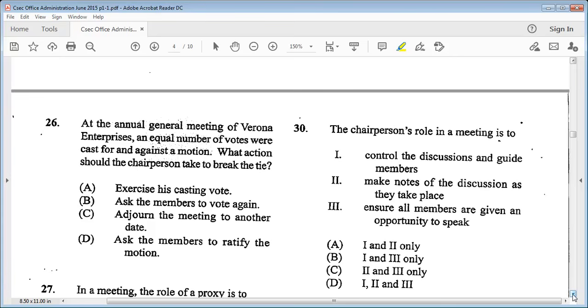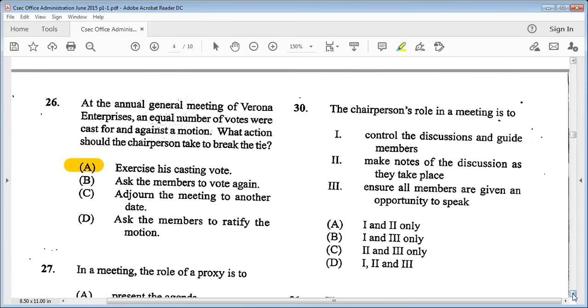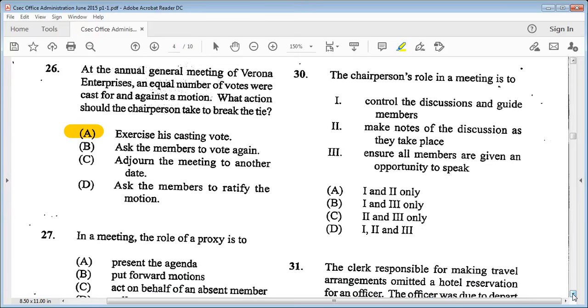C. Adjourn the meeting to another date. Or D. Ask the members to ratify the motion. We know our answer would be A. Exercises casting vote. That's what the chairpersons can do.